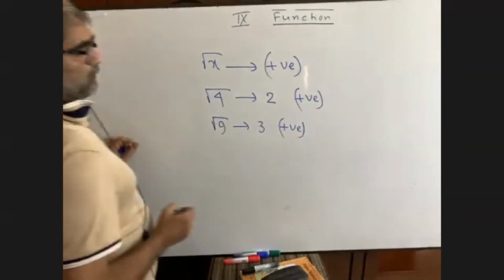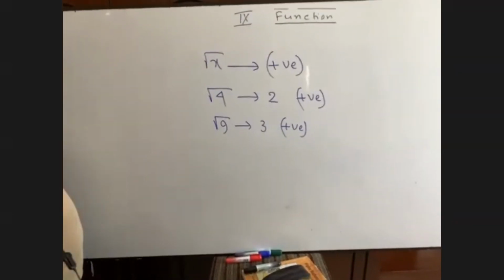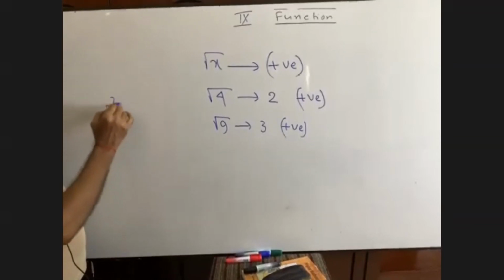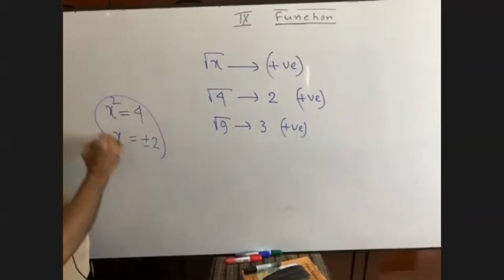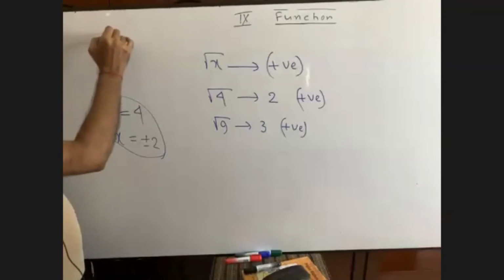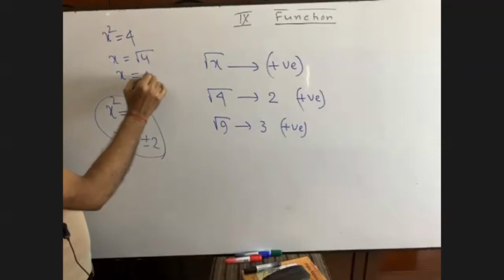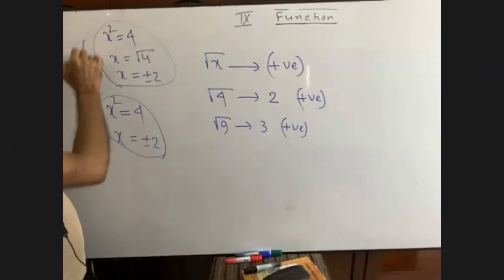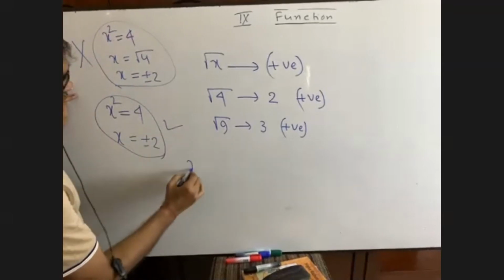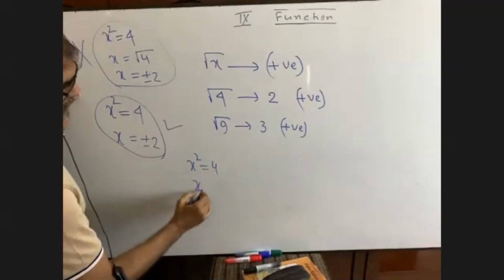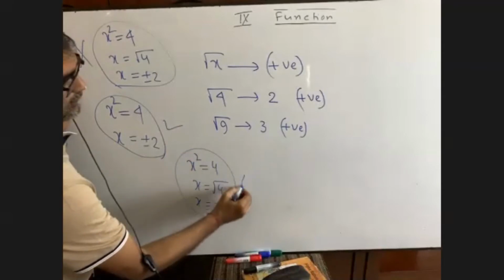But people have a tendency to write down, suppose x square equals 4, we write down x equals plus minus 2, it is right. X square equals 4, we write down x equals root 4, we write down x equals plus minus 2, it is wrong. This procedure is wrong. Again, we have x square equals 4, x equals root 4, x equals 2. It is right.